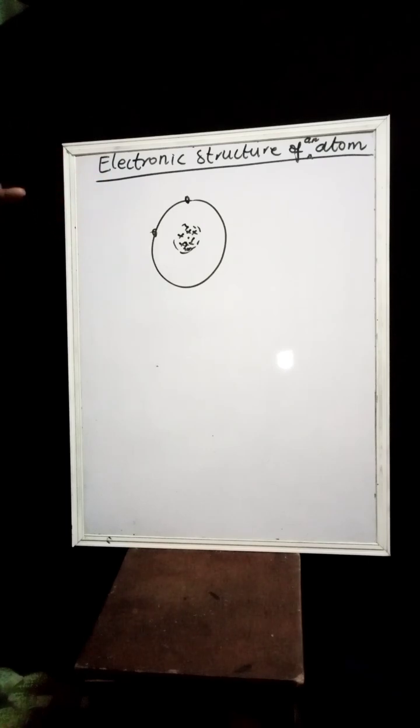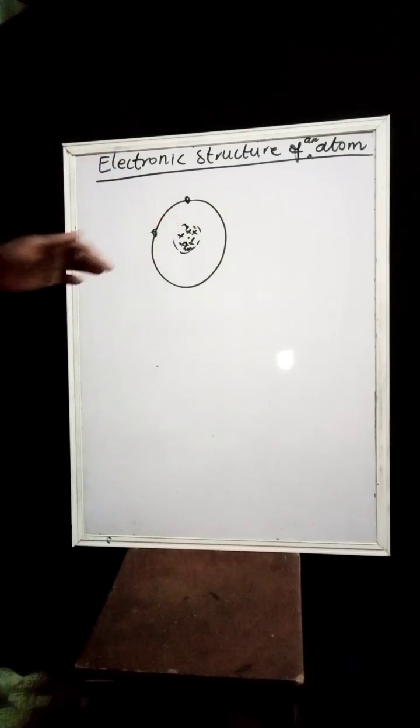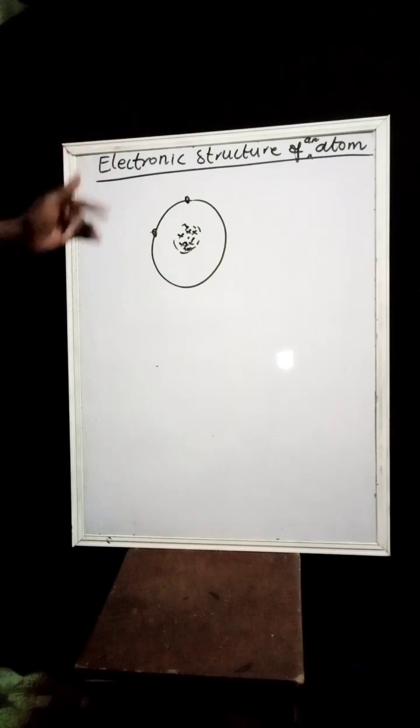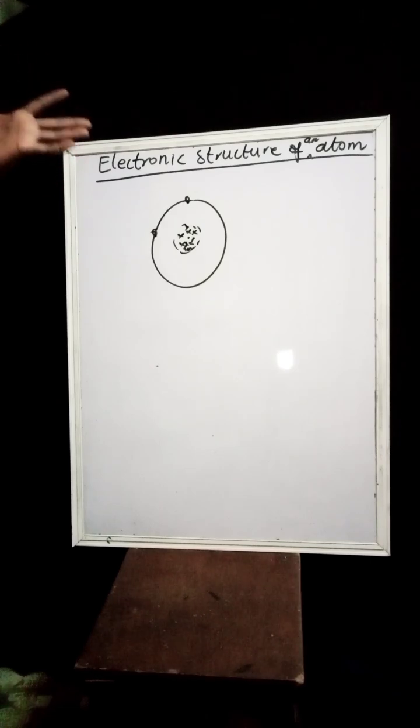Then you give the atomic number. Then you give the relative atomic mass. You provide the number of protons present in the atom, the number of electrons present in the atom, and then the number of neutrons present in the atom, and write the electronic configuration of the atom. This constitutes what we call the electronic structure of an atom.